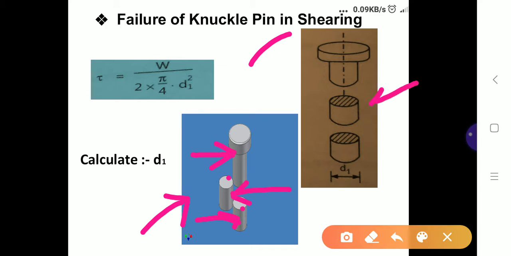We can see here the 2D diagram. These are the failure areas, and this will also be a failure area. So the shear stress tau is equal to force upon area. Force is represented by W, and area of circle is pi by 4 d1 square. Here we multiply by 2 because there are two planes where shearing occurs.